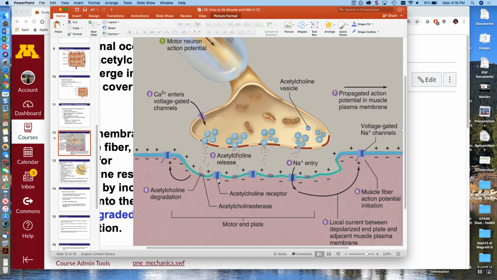That's right. Remember with graded potentials, they're initiated by the opening of a ligand-gated receptor. The depolarization wave decays with distance, just like graded potentials. That's not the same as action potentials, right? This is a cluster of voltage-gated sodium channels.